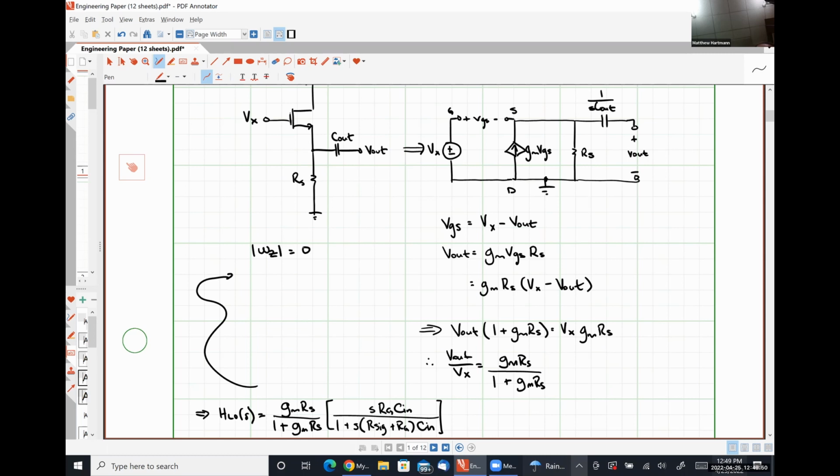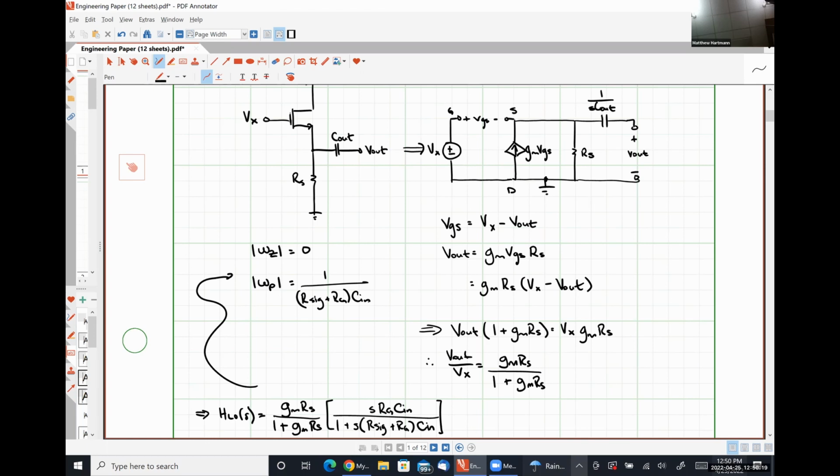And because I'm running out of space here, from this we can see that we have a zero at 0 and a pole at 1 over (R sig plus RG) times C. So that's our low frequency response.